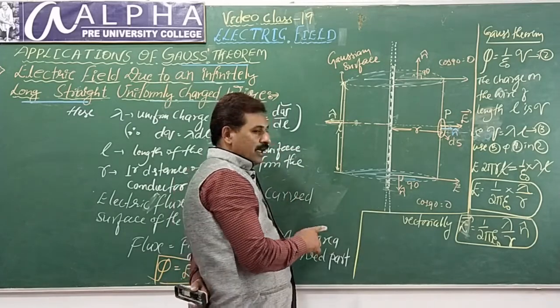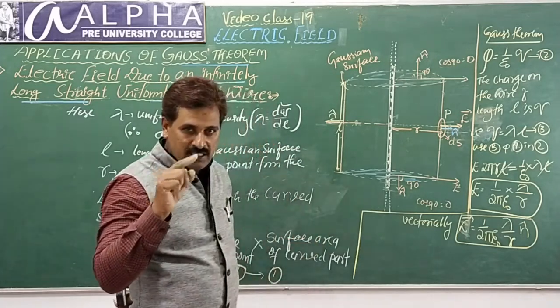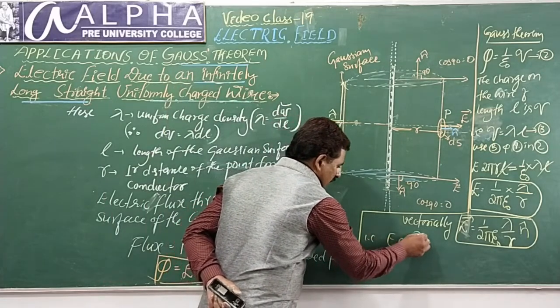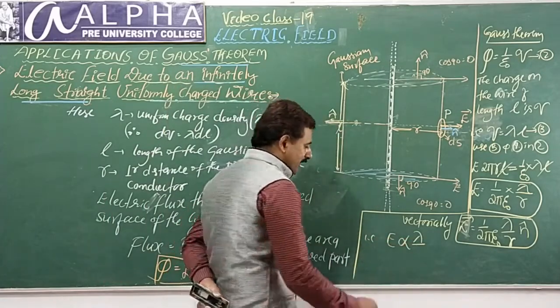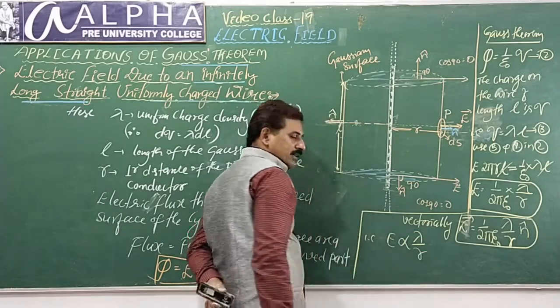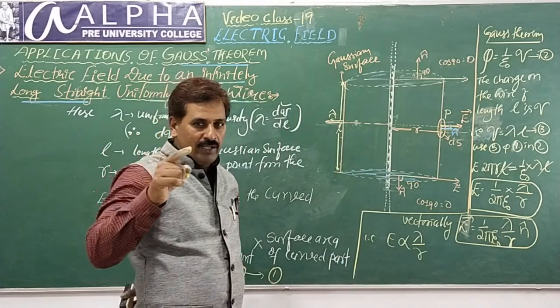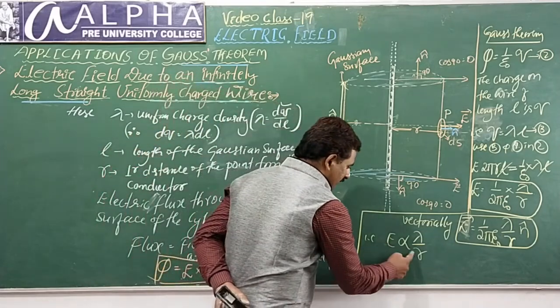Its value depends on two things. One is charge density, proportional to charge, linear charge density. Inversely proportional to perpendicular distance. As perpendicular distance increases, the field value decreases. So this is an inverse relation.